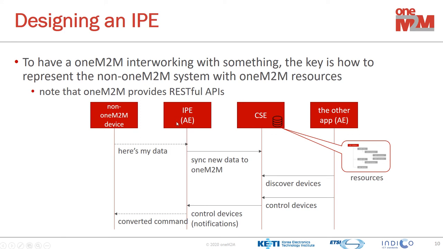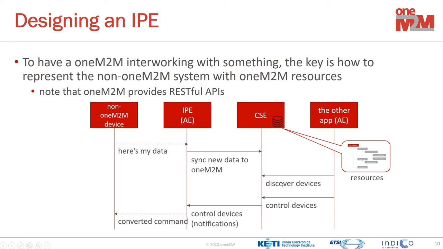And the IPE has a role to bridge the worlds here and there. So it will synchronize the new sensor reading to the oneM2M platform. And it will be done like a new resource creation or an existing resource update. That's what the IPE does in this.